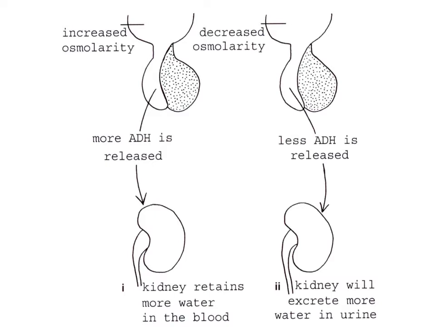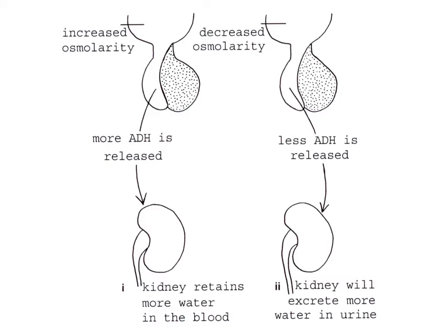Now, if there's less water in the blood, we don't want to be excreting water, we want to be retaining it. So when there's reduced amounts of water, that's going to increase the osmolarity of the blood. Therefore, the posterior lobe of the pituitary gland is going to respond by producing more antidiuretic hormone.